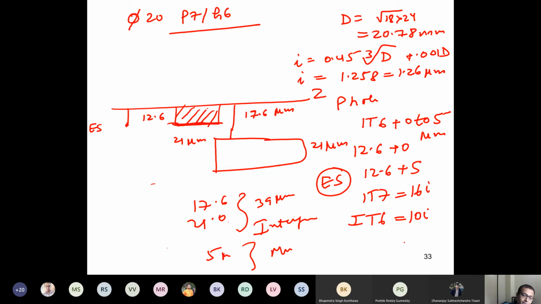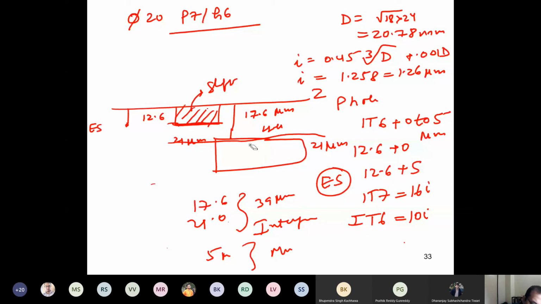Because if you see here, this is your shaft, and this is your hole. So your biggest hole is smaller than the smallest shaft. So it will always interfere.